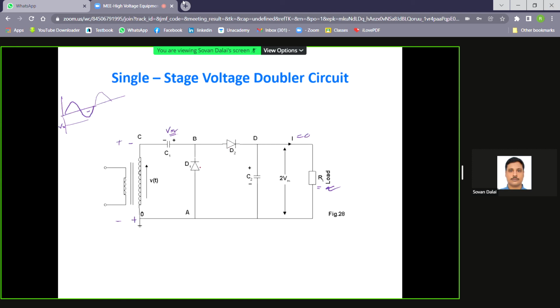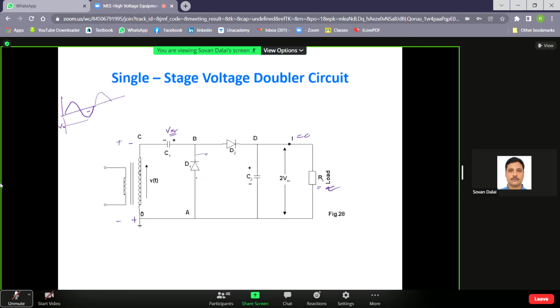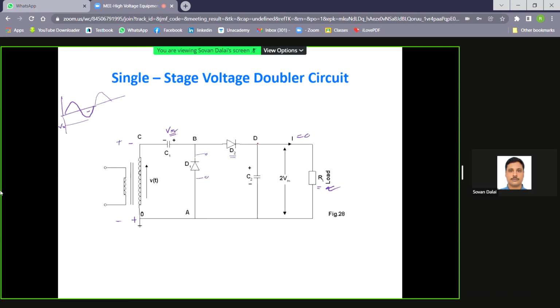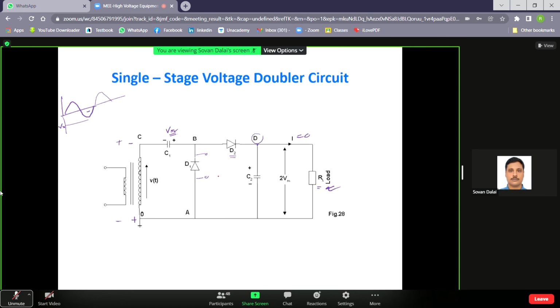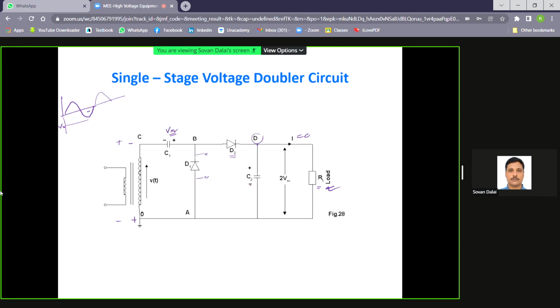Diode D1 is in reverse bias and acts as an open circuit, and diode D2 starts conduction and charges capacitor C2 to the maximum, if you neglect the threshold voltage drop of diode D2 as well as the potential drop in the transformer winding.